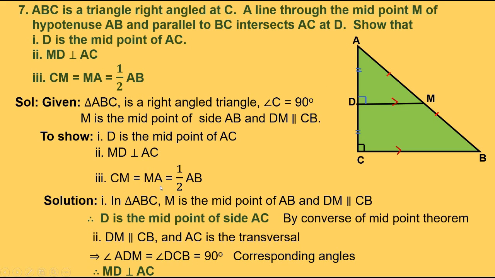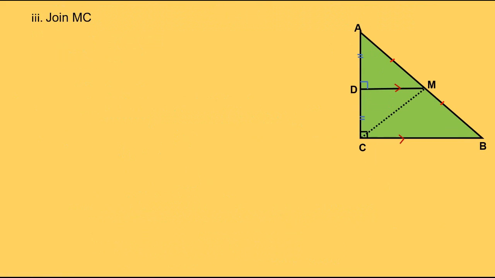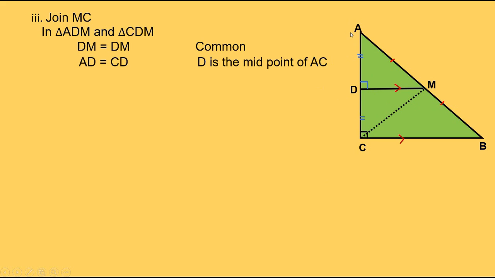Now to show CM is equal to MA, which is equal to half of AB, we need to join MC. Now in triangle ADM and triangle CDM, DM is equal to DM common, AD is equal to CD, D is the midpoint of AC, and angle ADM is equal to angle CDM, which is equal to 90 degrees, since MD is perpendicular to AC.